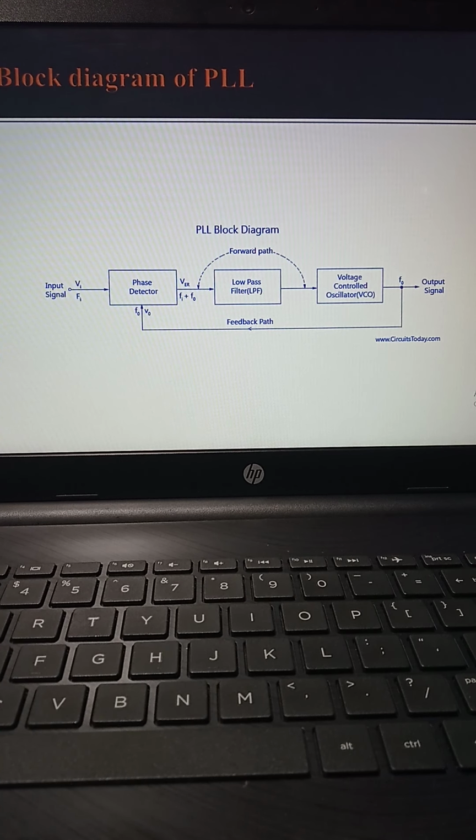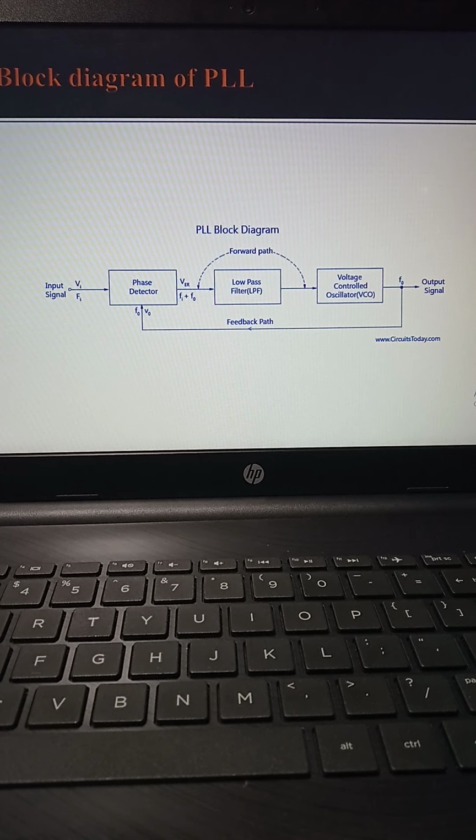Now let's understand the function of each block in detail, so we can understand the working principle of the phase locked loop. The first block is the phase detector or comparator. The input signal, having voltage Vi and frequency Fi, is applied as an input to the phase detector.